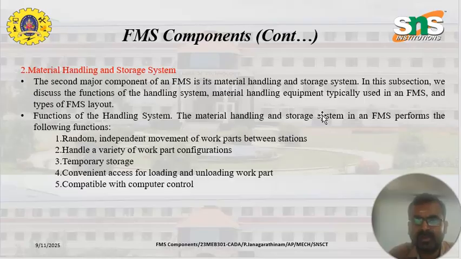For all these operations we use material handling equipment, so automatically we can reduce the human effort. The following are the important functions of the material handling system: independent movement of work parts between the stations and a variety of work part configurations. These are all material handling work.